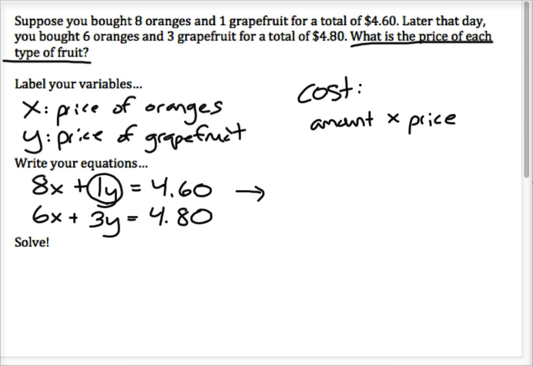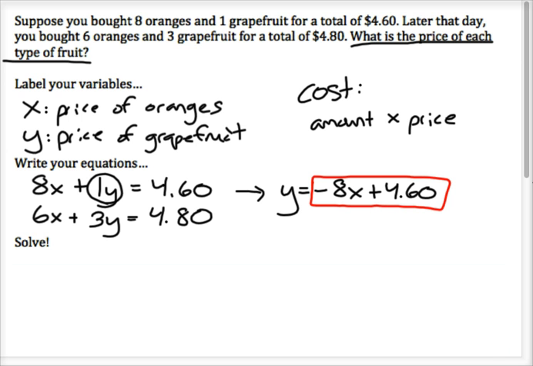If I subtract 8x from both sides, I have my equation now. I have one of my equations solved for one of my variables. So we already have our ideal setup for solving this by substitution. And that's exactly what I'm going to do.